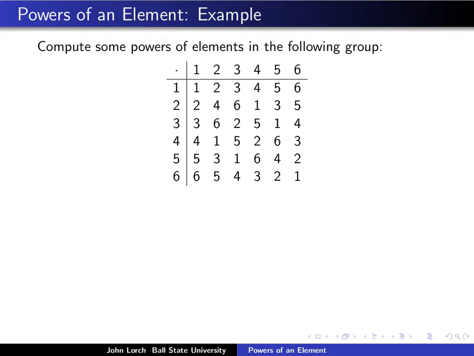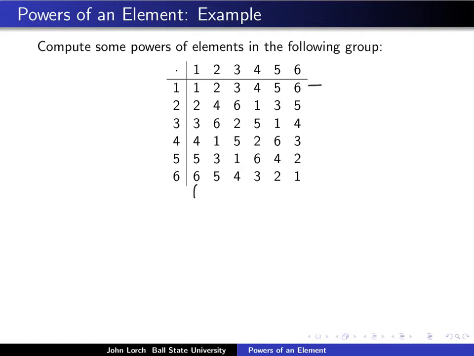So here we have an example of a group, and we're going to take some powers of elements in this group. Well, you'll have to trust me that this is indeed a group. And if you look at the table, you can see that the identity in this group is 1. If you look across this first row and first column of the table, you should be able to see that the identity in this group is 1.